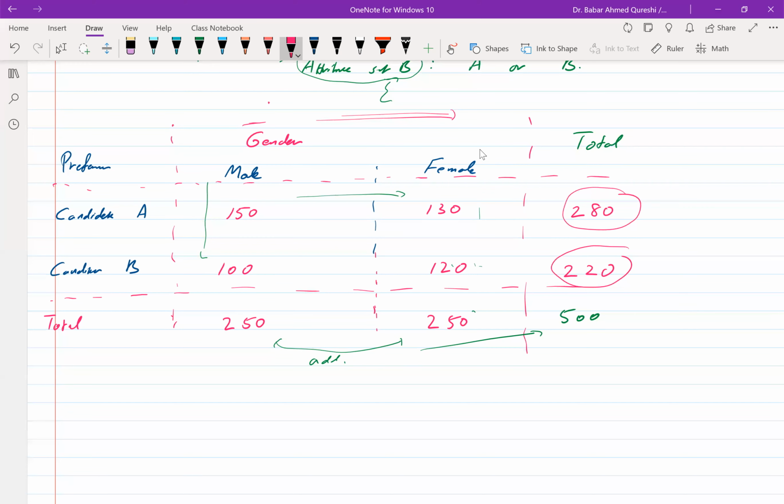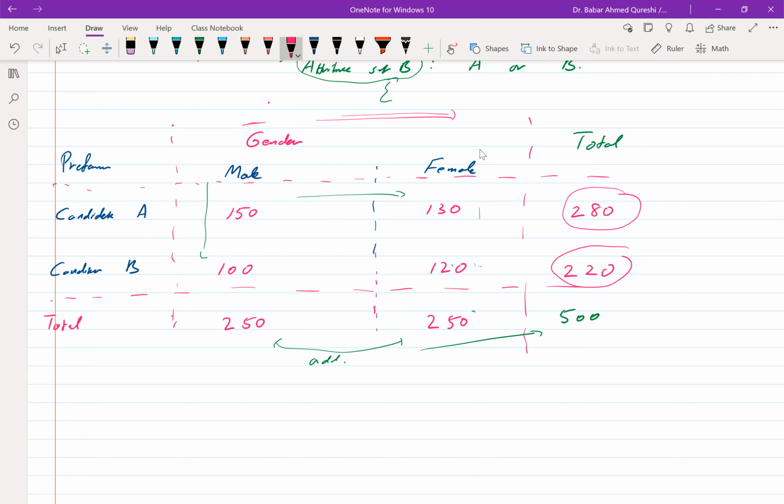And since I have an equal number of males and females in my sample, what if the preference did not depend on the gender? I would have expected that an equal number of males and females will prefer candidate A or candidate B. Over here, I see both male and female prefer candidate A, but not in equal number.